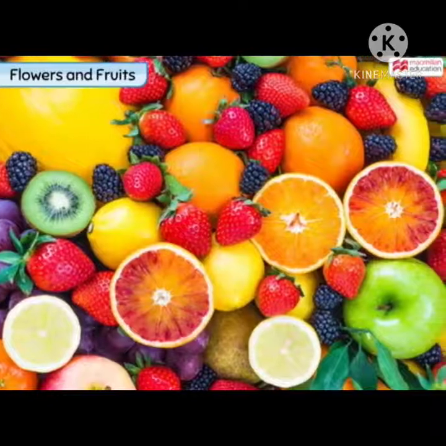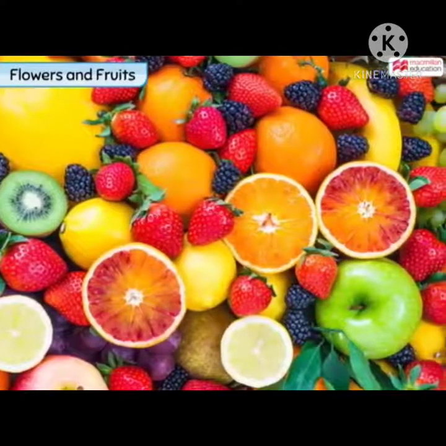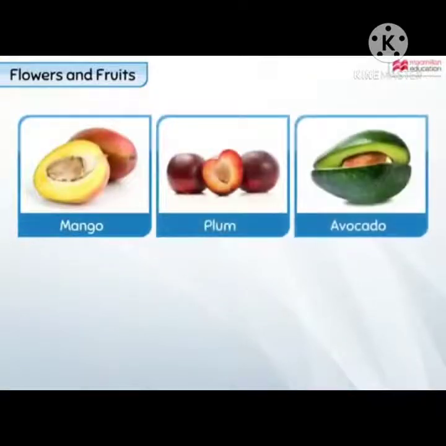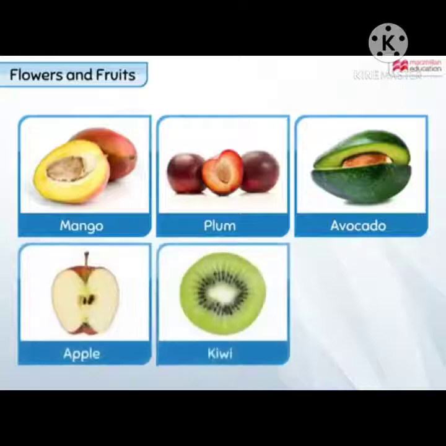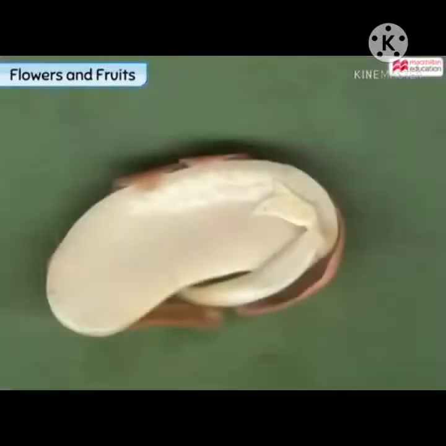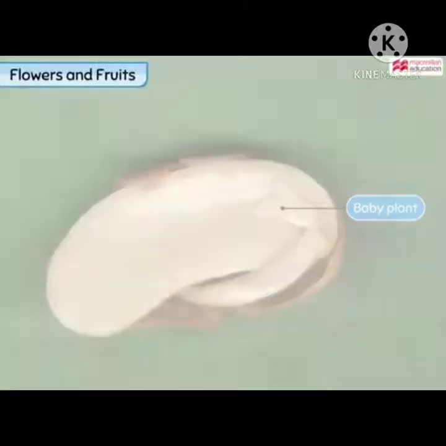Most fruits we eat have seeds inside them. Some fruits, like mango, plum, and avocado, have just one seed, while some fruits like apple, kiwi, and watermelon have many. In fact, fruits protect the seeds of the plant, as each seed has a tiny baby plant inside it.